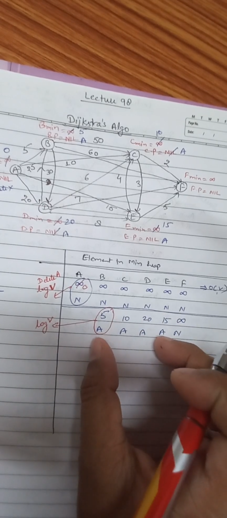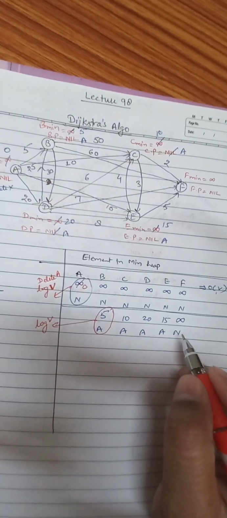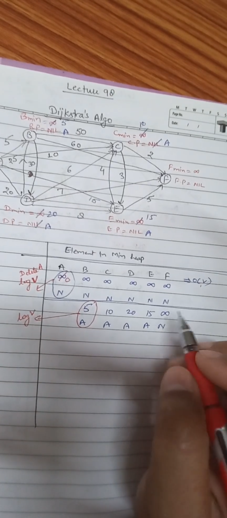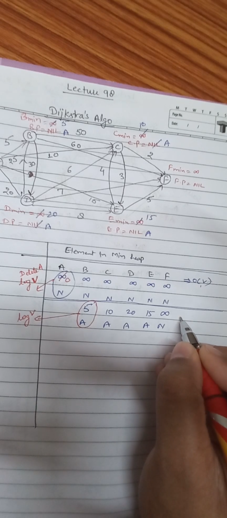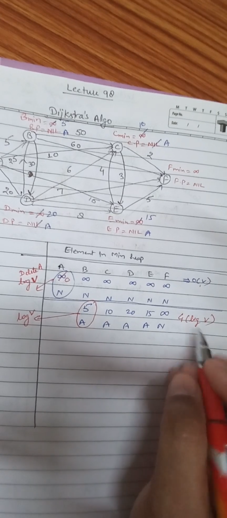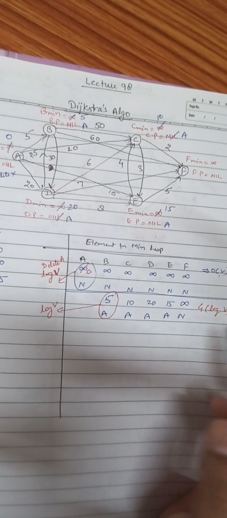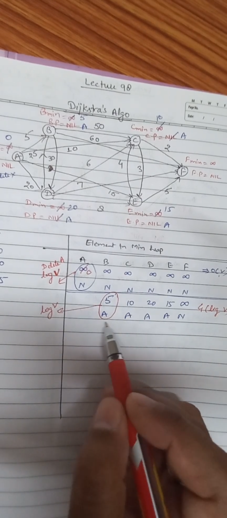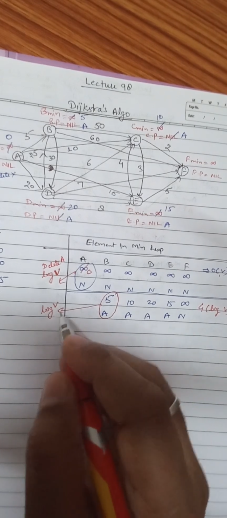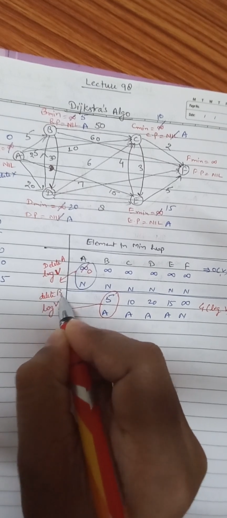But now here how many changes occur? 4 changes occur. The fifth one is not changed because we have not reached from A to F, so we have deleted only A. So we can say 4 log V, because for 4 changes, log V time we have to do comparison. And for deleting purpose, we have to compare which one is the minimum value, so log V. So we have deleted B here because B is having minimum value, so we are deleting B node.